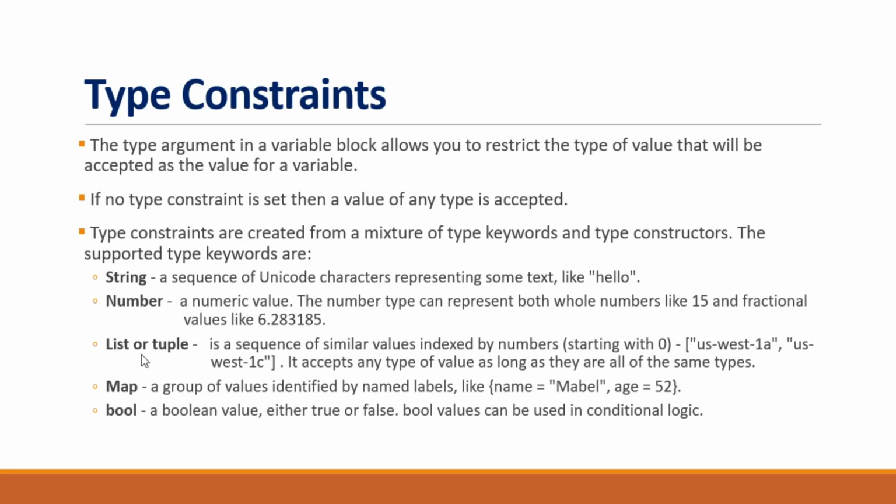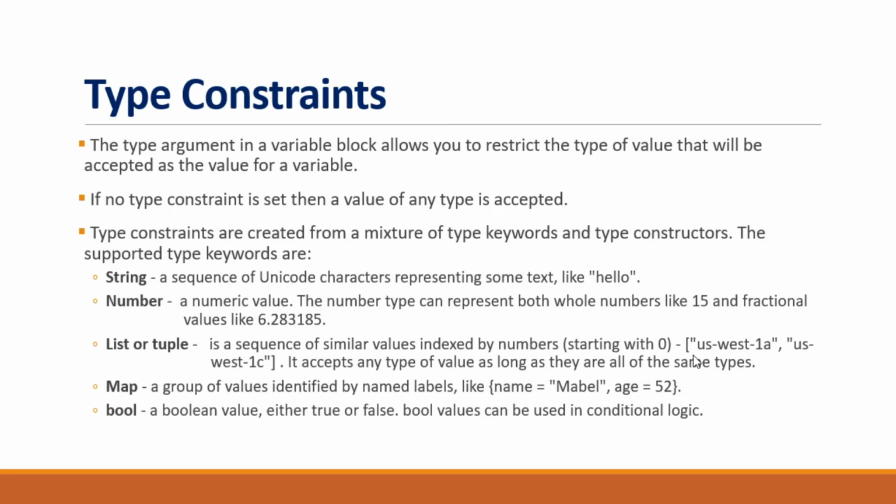Next we have a list, or we also call it a tuple. It is a sequence of similar values indexed by numbers starting with 0. What does it mean here? Suppose I have a list. In simple words you can assume it's kind of an array, and in any programming language we count starting from 0. In this particular example, I have a list here: us-east-1a, comma, us-east-1c.